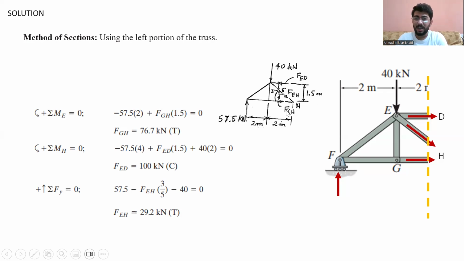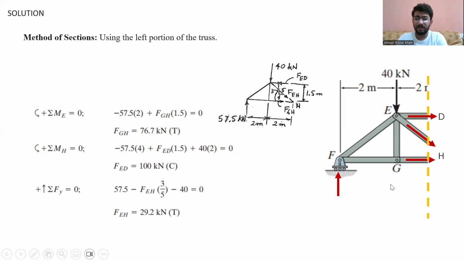And we also have the force in the member GH with a perpendicular distance of 1.5 meters. So we can get the force in the member GH, which is 76.7 kilonewton. And you see that this force produces tension.